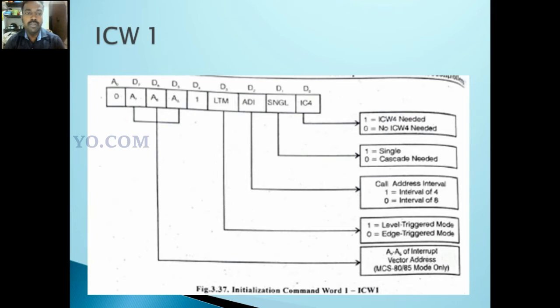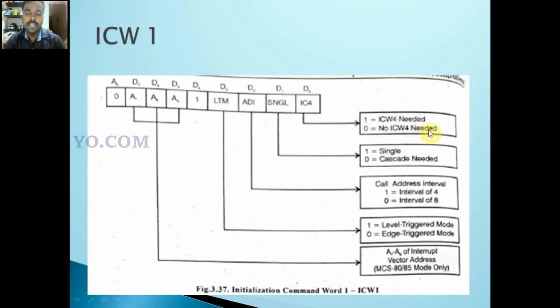Okay, next one, A1, A2, A3. So this is the interrupt vector address, that is, the address of the interrupt service routine. Okay, right, that is placed in these 3 lines, A0, A1, A2.